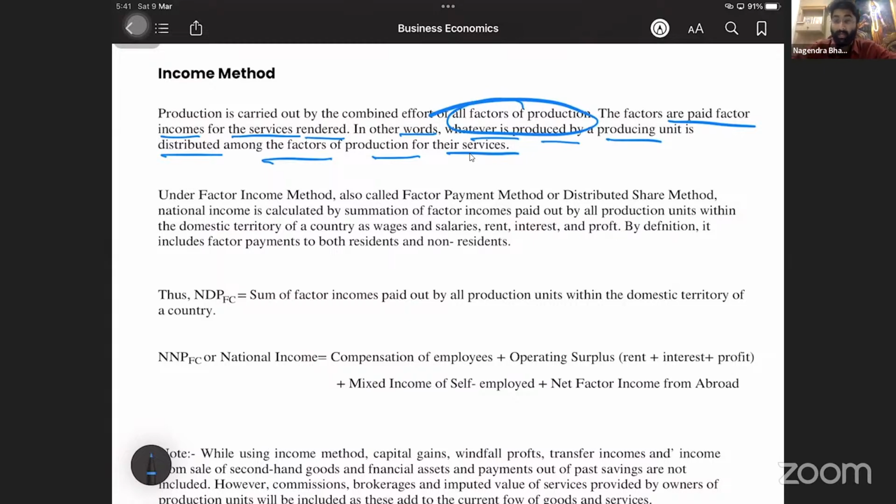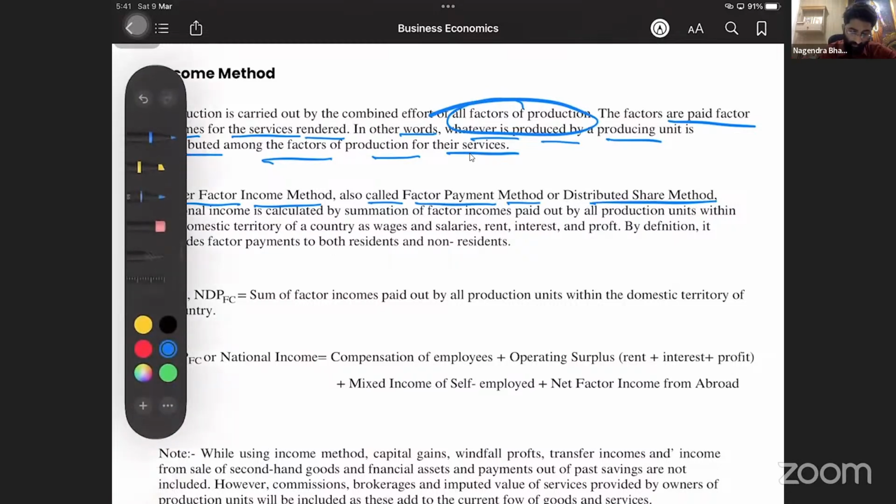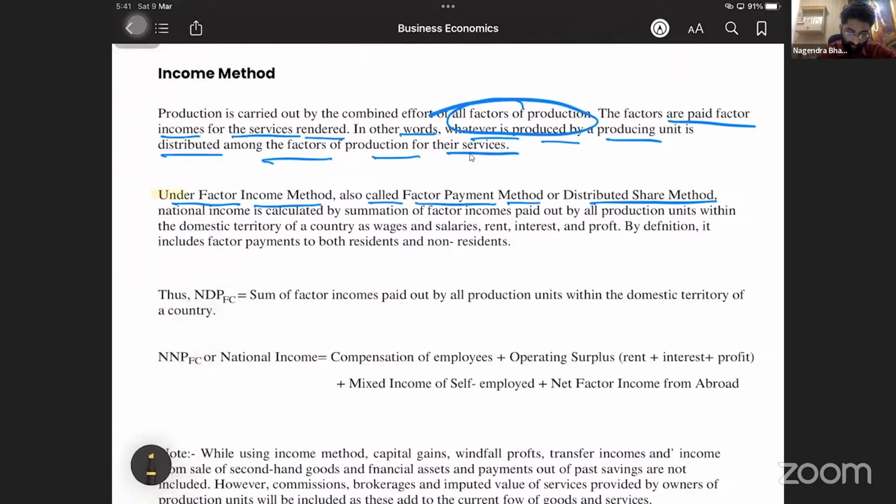So this is value added by factors of production. Under factor income method, also called factor payments method or distribution share method, important one, you should not forget this. All these are other names for the income method.